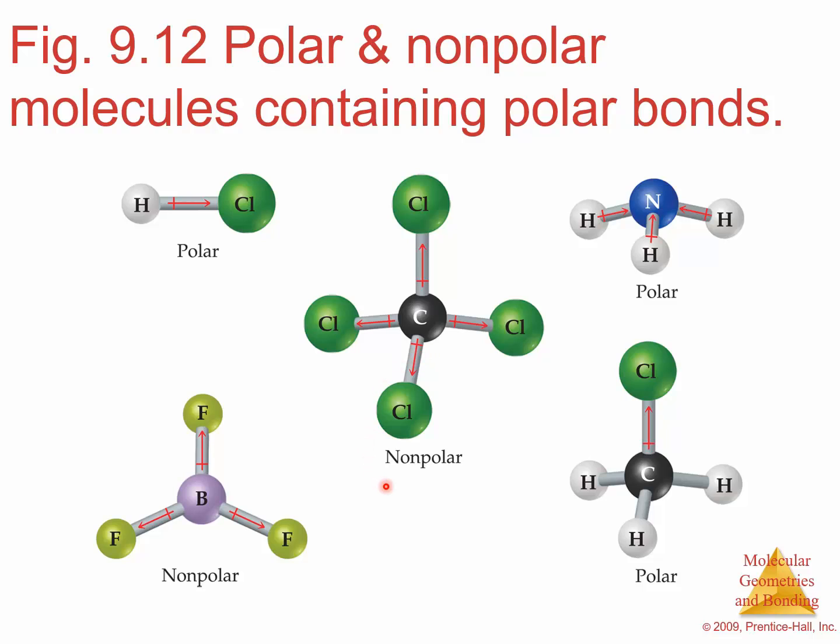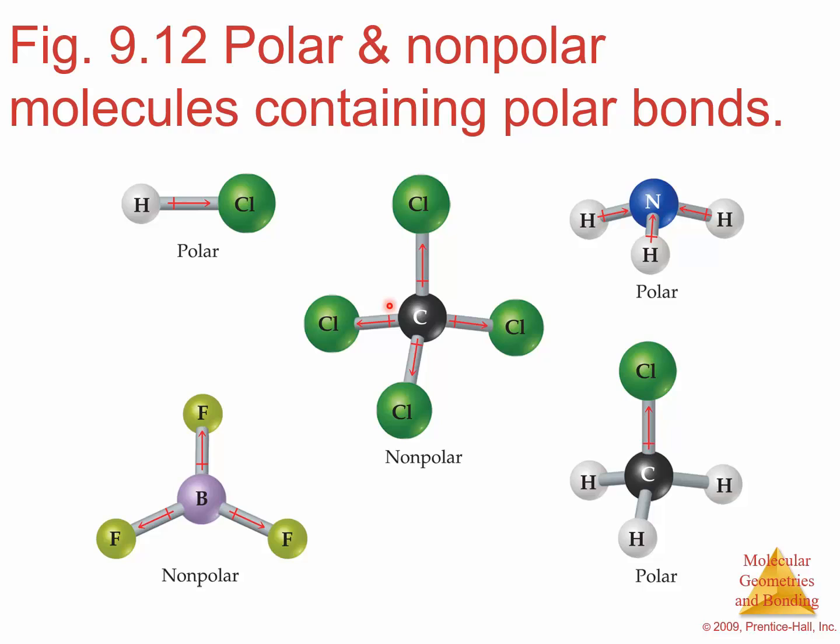For AB_n molecules in which all the B atoms are the same, certain symmetrical shapes, linear AB2, trigonal planar AB3, tetrahedral and square planar AB4, trigonal bipyramidal AB5, and octahedral AB6, must lead to non-polar molecules even though the individual bonds might be polar.